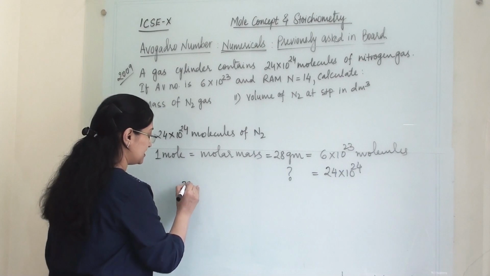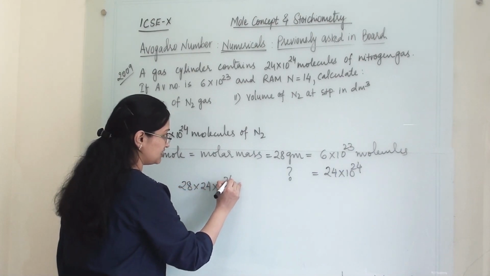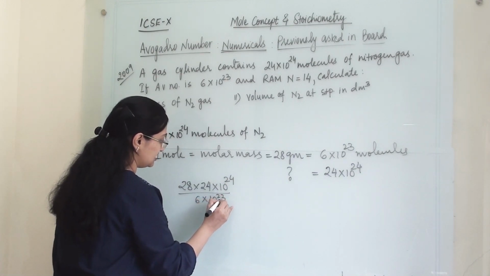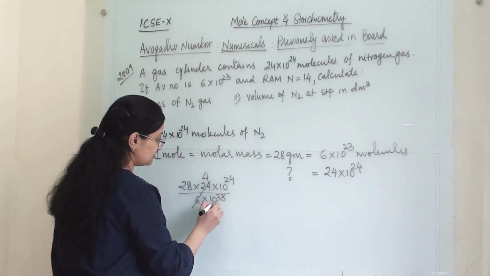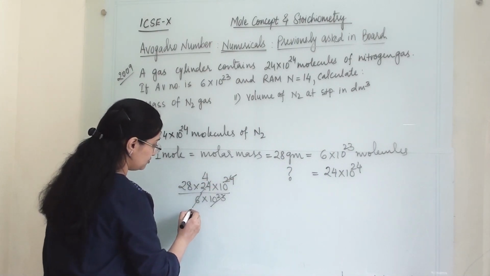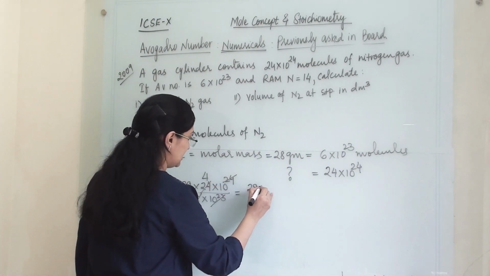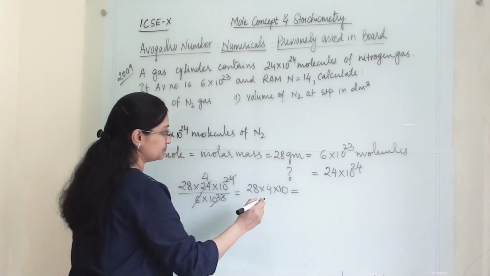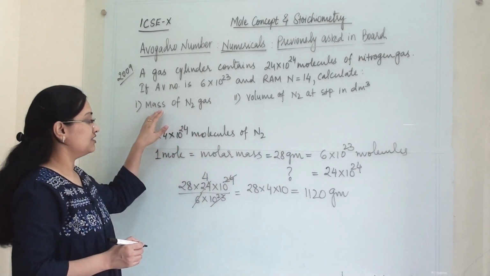It will be 28 into 24 into 10 raised to 24 divided by 6 into 10 raised to 23. So here 4 will be there, and this 23, 4. So 10 will be remaining here. So 28 into 4 into 10. So the answer is 1120 gram mass for nitrogen gas.